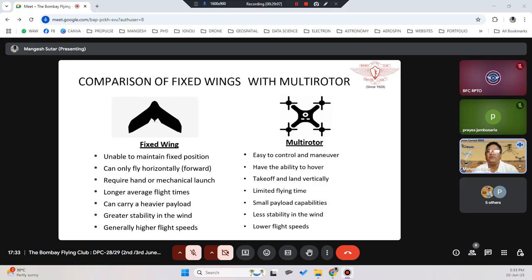They are very easy to fly because they can hold their own position and have the ability to hover. They can take off and land vertically. These are a couple more advantages of the drones. But they have the disadvantages of limited flying time, small payload capabilities, less stability in the wind, and lower flight speeds compared to the fixed wing. So this is the difference between the fixed wing and the multi-rotors.